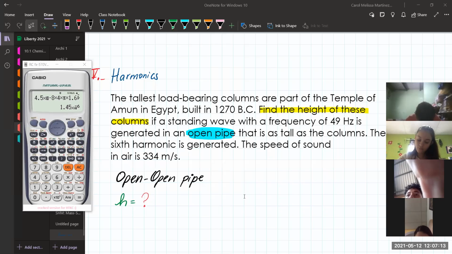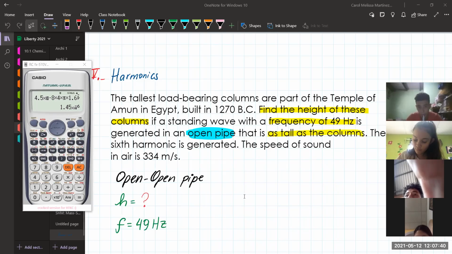And then it's telling you that the frequency is 49 Hertz. Then it tells you that the pipe is as tall as the columns.